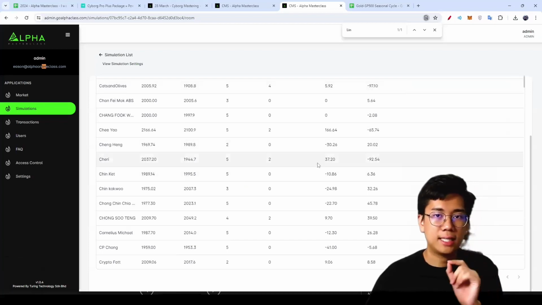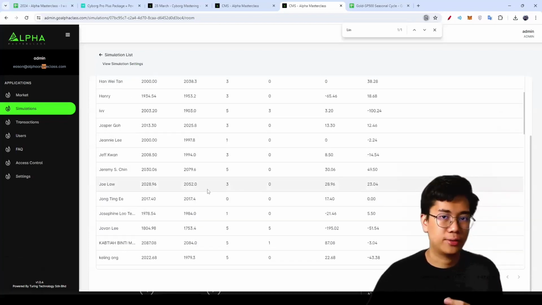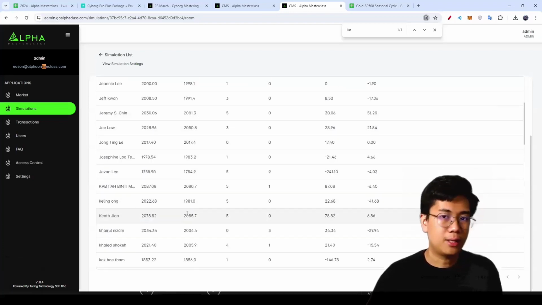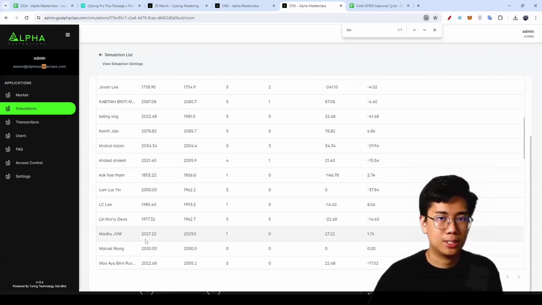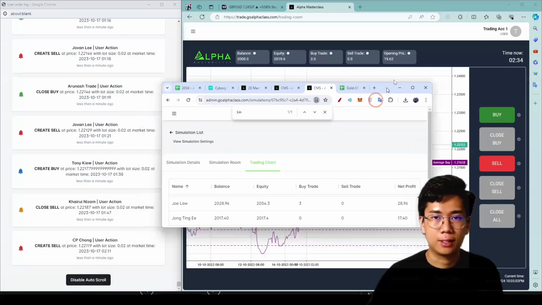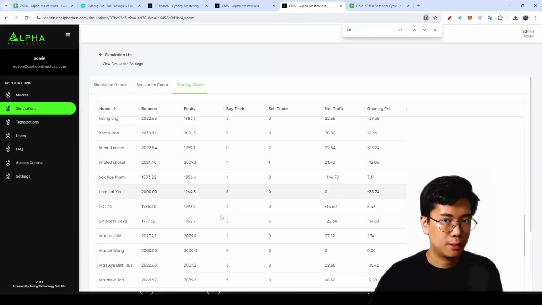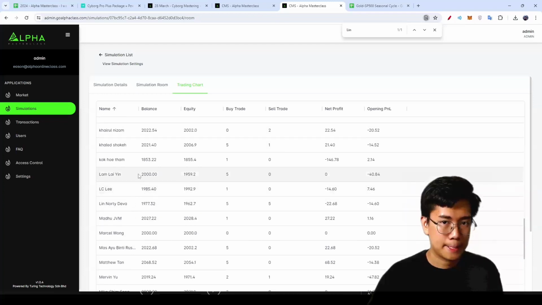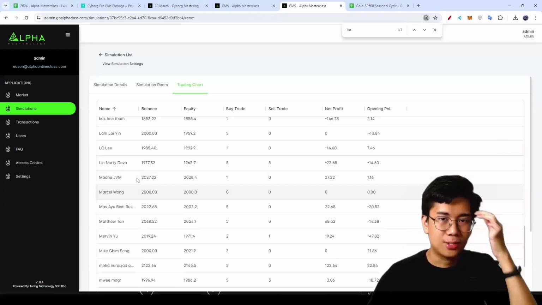By the way, if you guys need any help, I'm able to check your data on the screen, but you need to tell me your name in the simulation. Your name is showing at the top right corner. I need to go in to see your account.